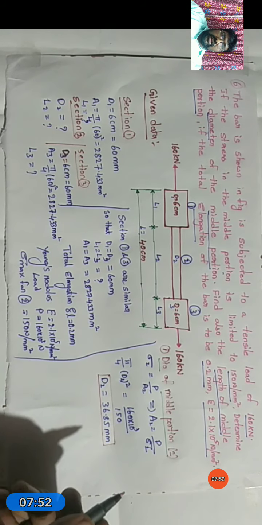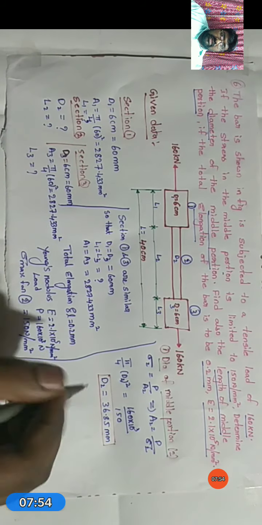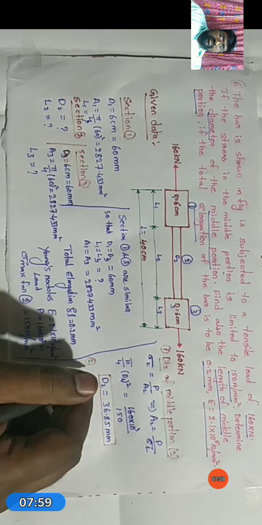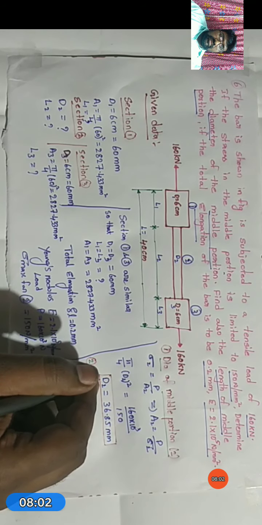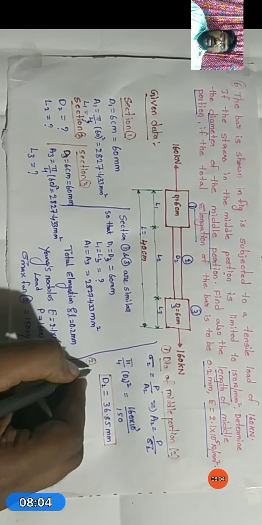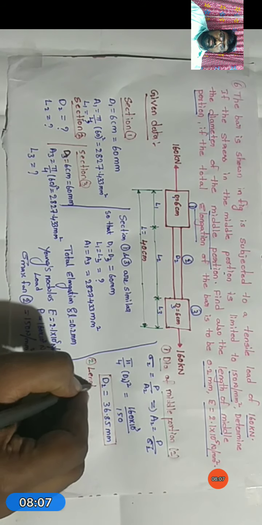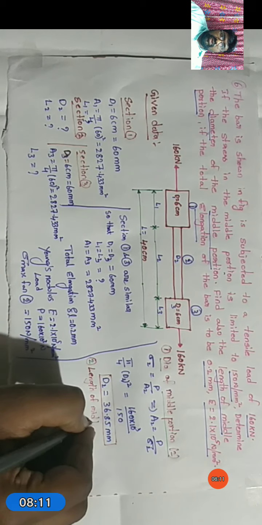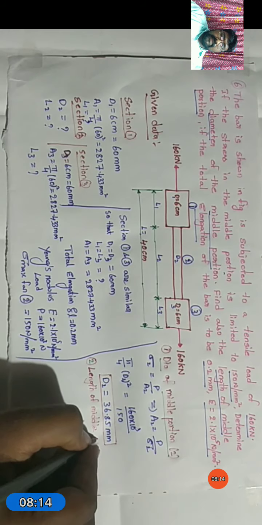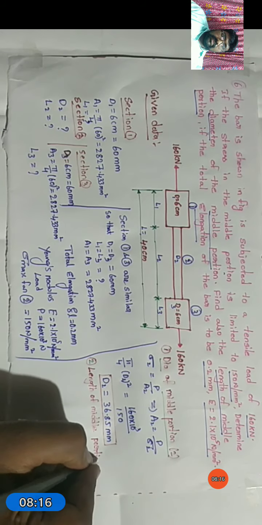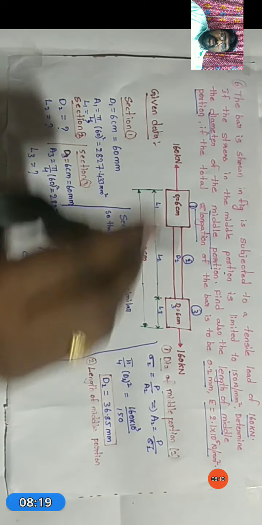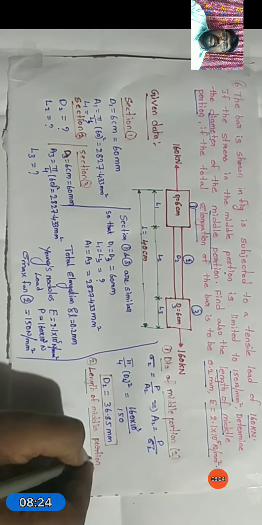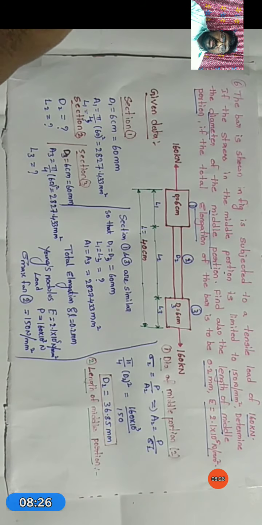Similarly, we need to calculate the length of the rod. From the equation of change in length, we can calculate the length of the middle portion. Need to calculate using the change in length, because they have given the change in length.